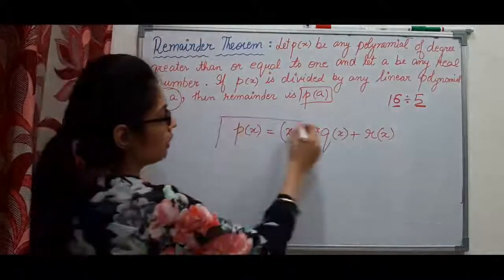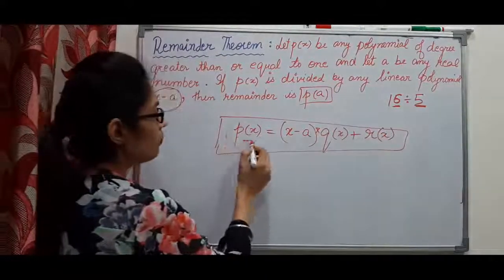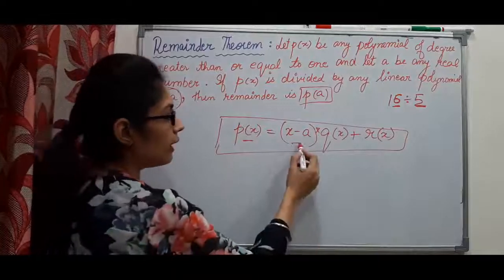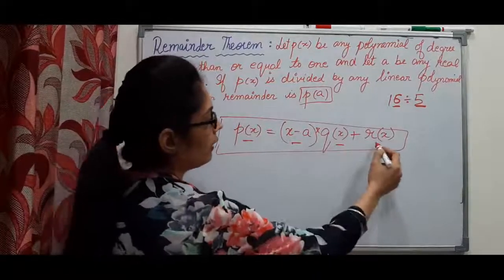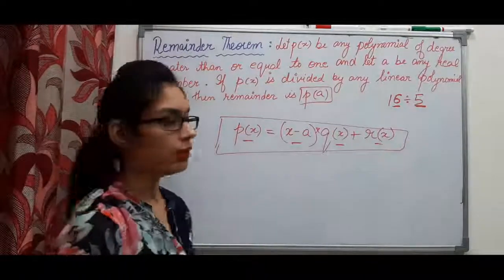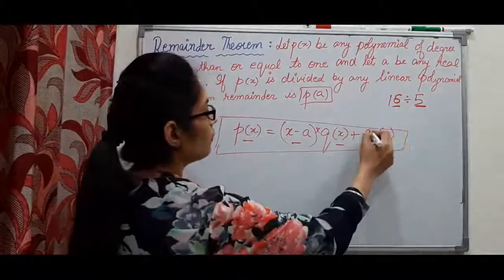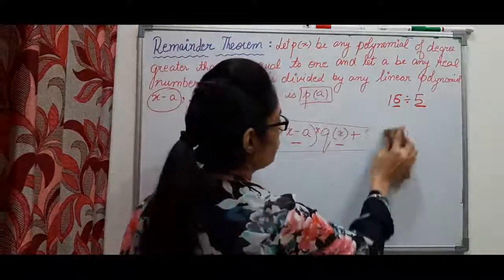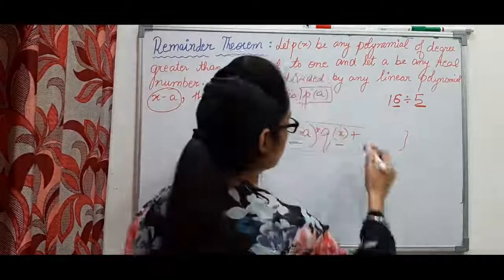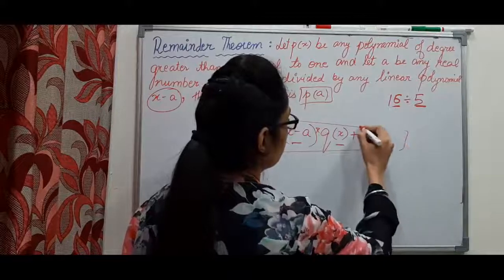So like this you can write the remainder theorem. If you are dividing Px with any other polynomial, Qx will be your quotient and Rx will be the remainder, or Ra also you can write, Pa you can write, both mean the same thing. Pa will be your remainder.